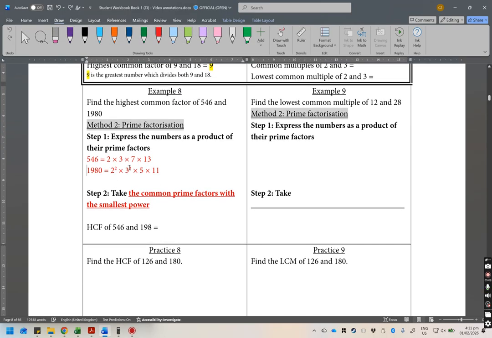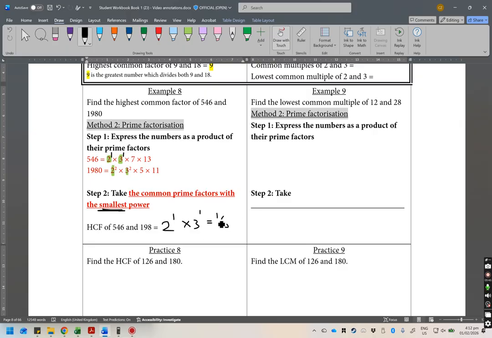So the HCF of 546 and 1980 will be built from 2 and 3. For 2, 2 to the power of 1 or 2 to the power of 2, the smaller is 2 to the power of 1. We want the smallest power. For 3, 3 to the power of 1 versus 3 to the power of 2, same thing, it will be 3 to the power of 1. So the highest common factor is actually just 6.